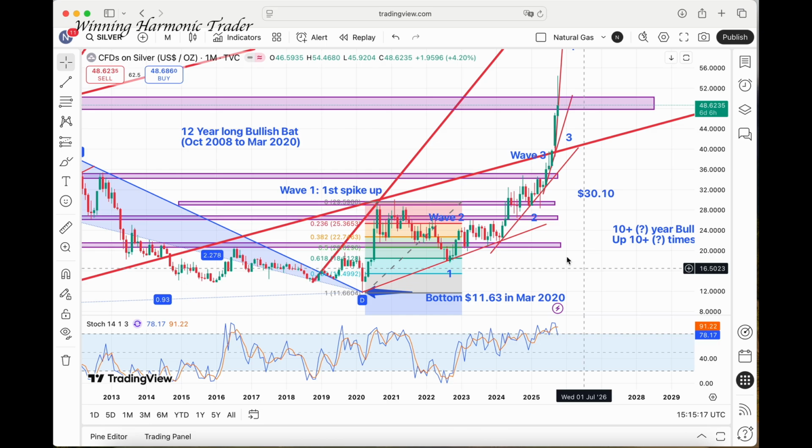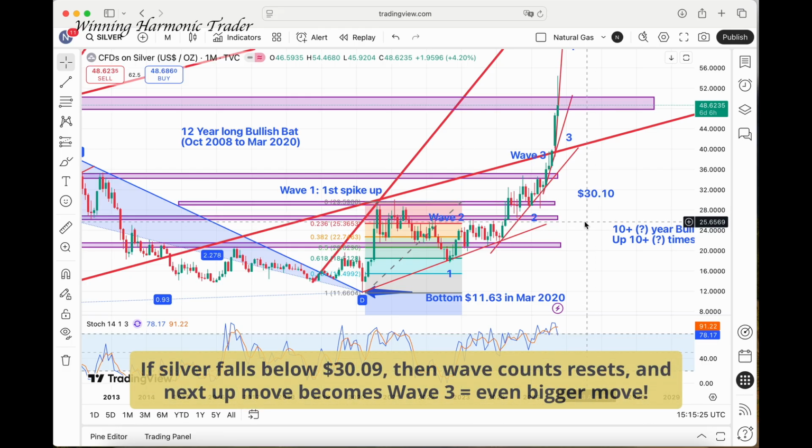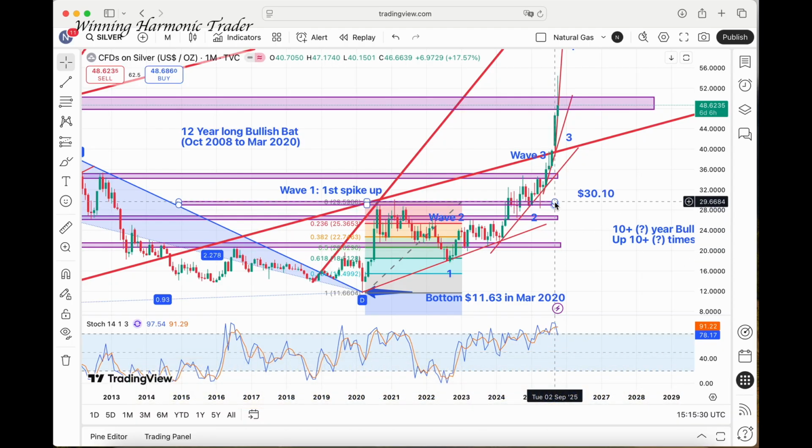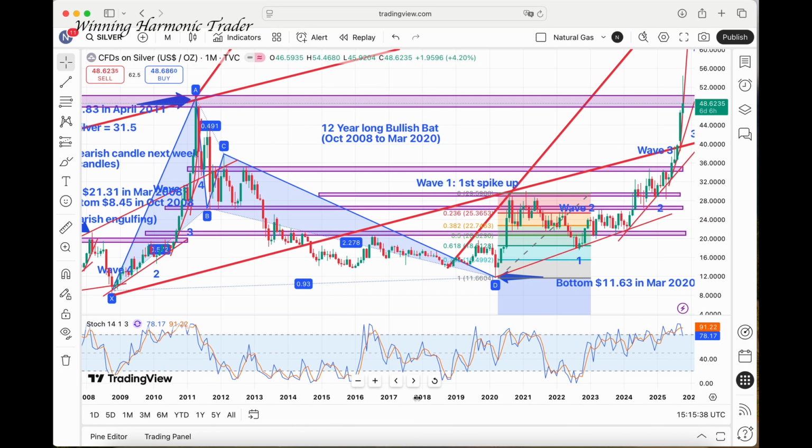Then the question is, what if silver falls beyond $30.09, right? So in that case, I drew some support levels, right? This is the first support below that, and then second and third. How I draw it is the same thing, right?